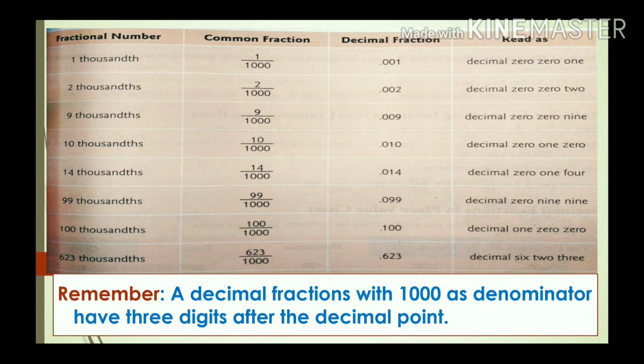And now students, with the help of this table, we can learn some more decimal fractions of thousandths.